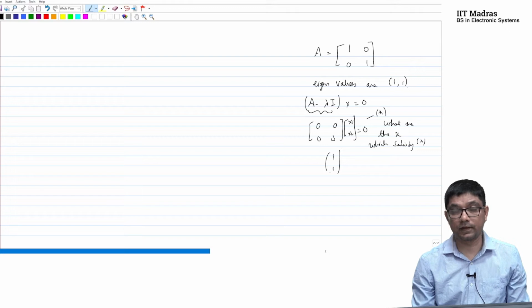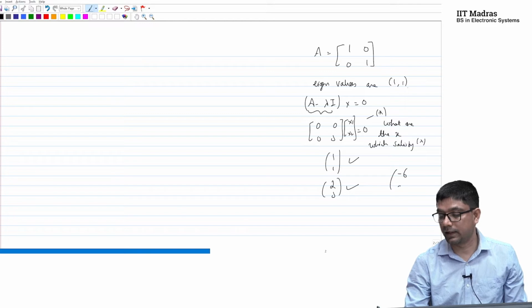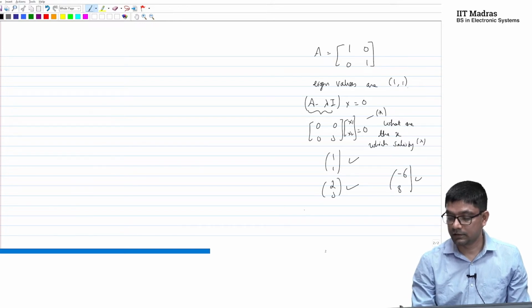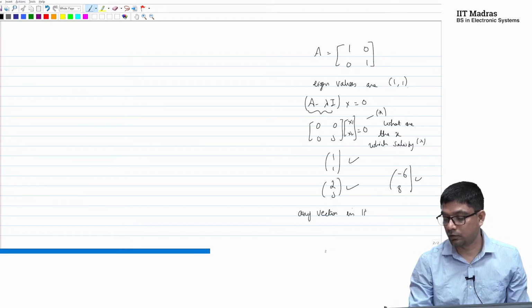Will 1, 1 satisfy? Answer is yes. Will 2, 0 satisfy? Answer is yes. Will minus 6 and 8 satisfy? Answer is yes. So any vector in R2 is an eigenvector of 1, 0, 0, 1.